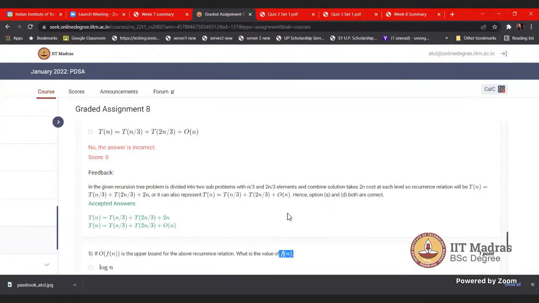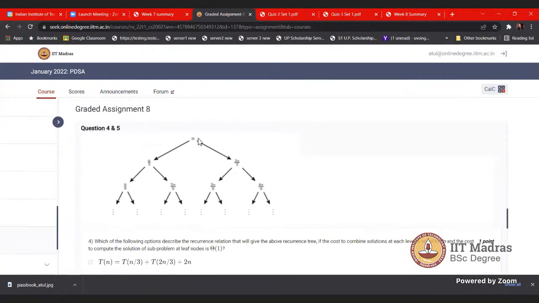For this type of tree, at every level, the total number of steps will be n. At the first level, the total number of steps is n. At the second level, you have already seen that combining the solution takes 2n. So the complexity of the first level is big O(n), the second level is also big O(n), and the third level is also big O(n).